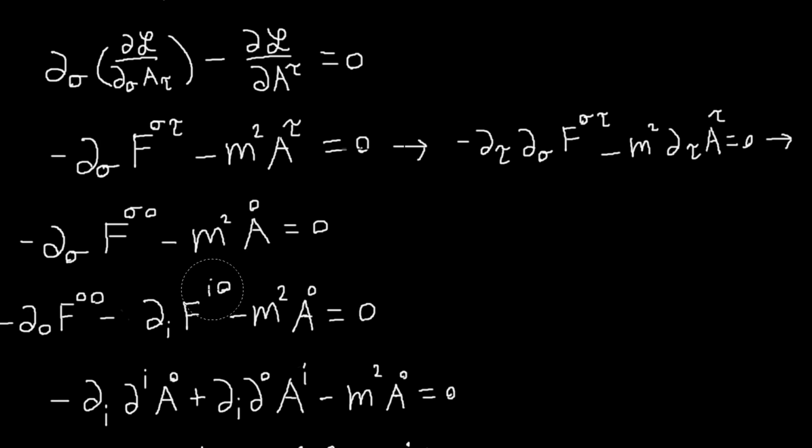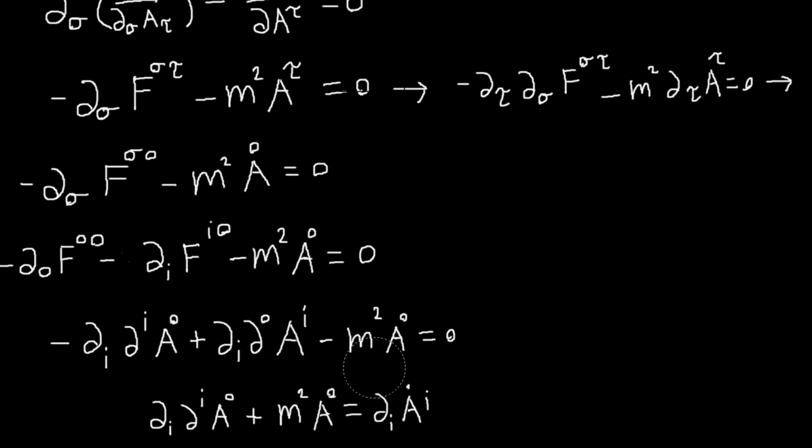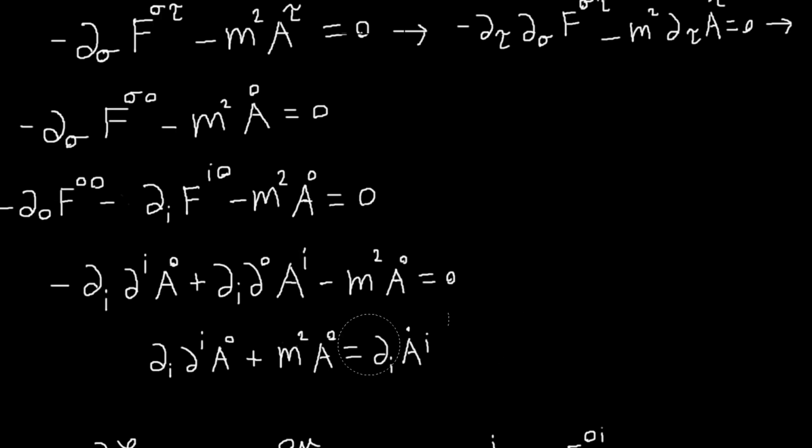So F^{i0} is ∂^i A^0 minus ∂^0 A^i, and then we'll have a minus ∂_i acting on that. So we'll get these two terms here. And then just rearranging this with everything on A^0 on the left and this A^i term on the right, we will get this. And this just tells us that A^0 is not independent from our A^i's.